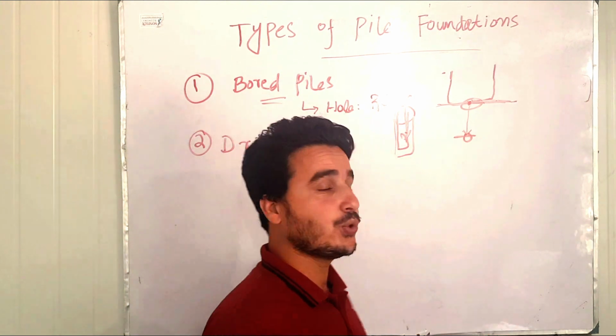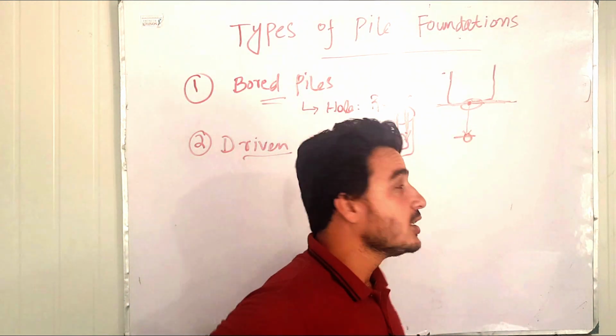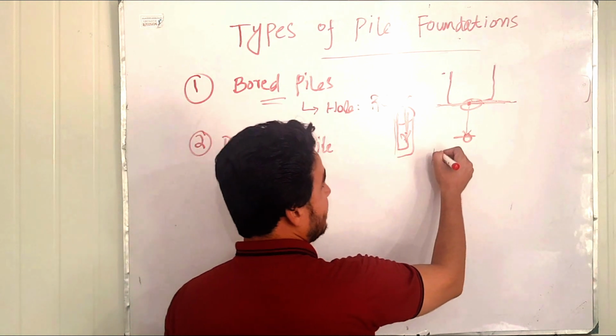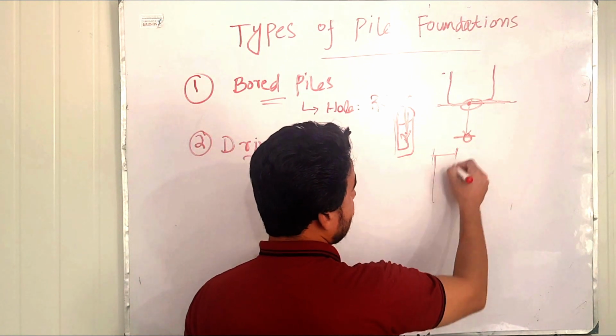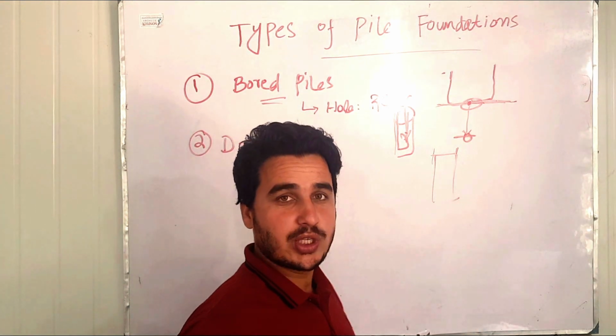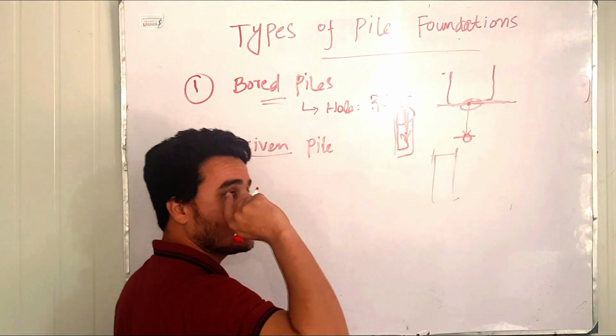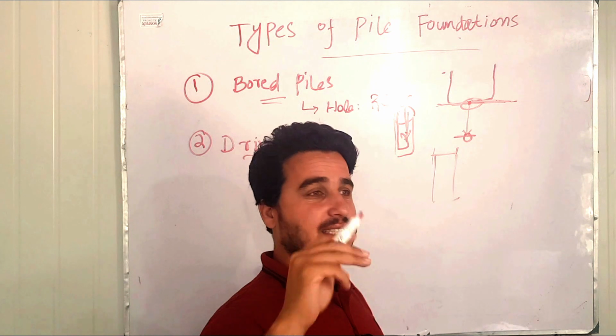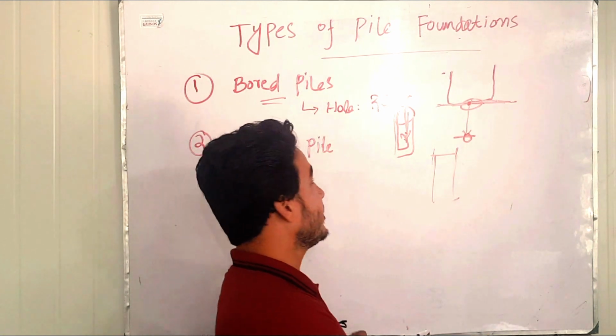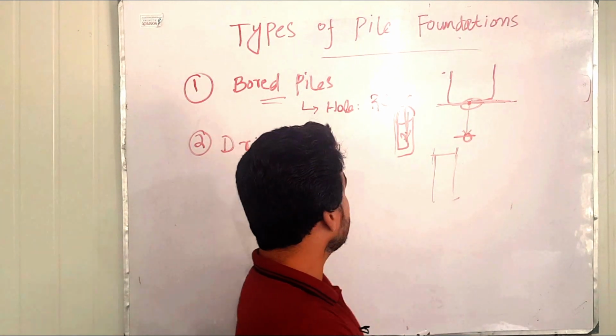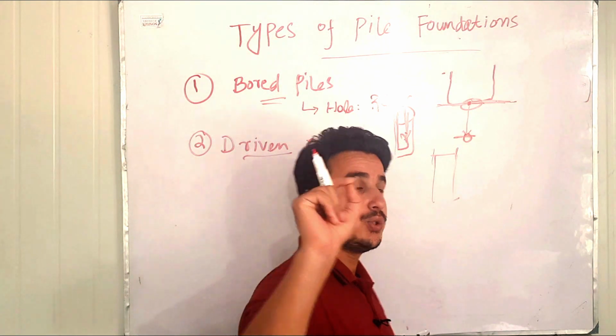Like if you want to use steel piles, steel piles in the form of H sections or I sections are also used as piles, you must know that. So if you are using a steel pile, H section or I section, which are different types of steel piles, you can use the driven pile.